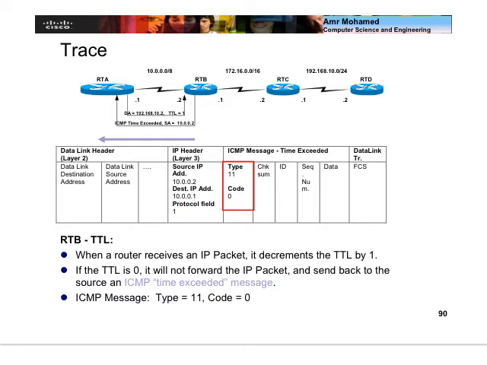And the type is 11 to indicate time exceeded. So what I have received is from this address, which is not the actual destination, because I have the actual destination, right? So what I can do now is tell you the first hop you will probably take is 10.0.0.2.